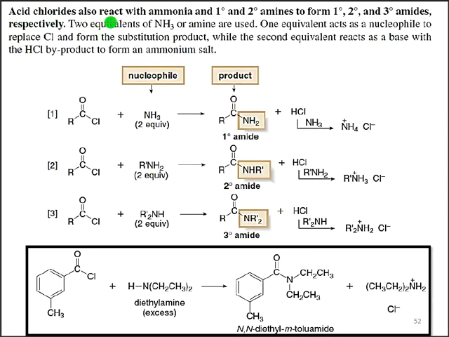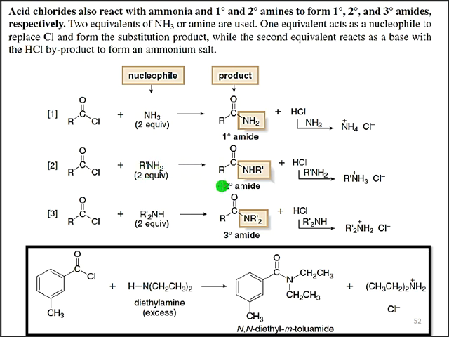And then the acid chloride also reacts with ammonia and primary and secondary amines to form primary, secondary and tertiary amides. That means if you have an acid chloride and react it with ammonia, the product will be a primary amide, and with a secondary amine the product will be a secondary amide.